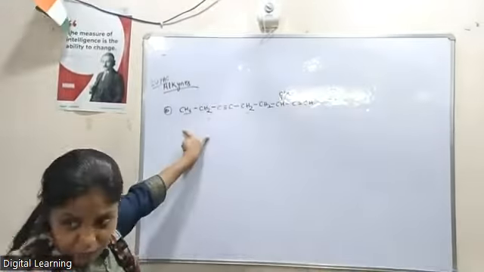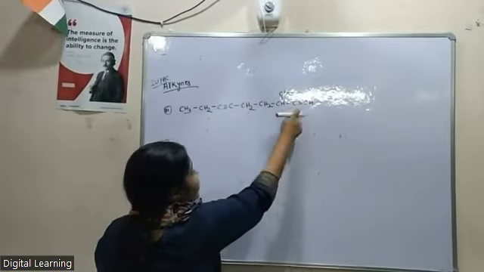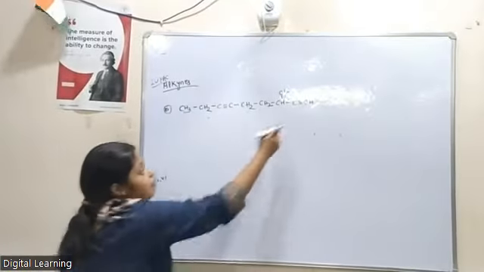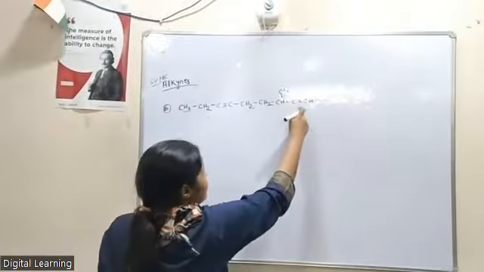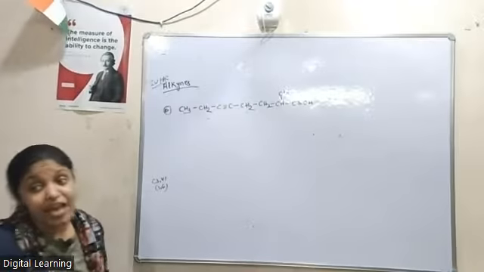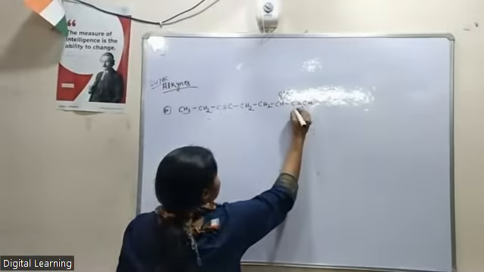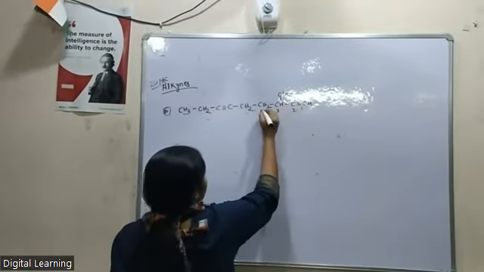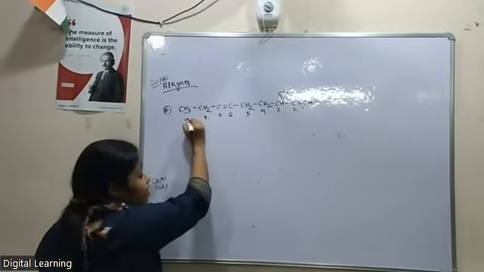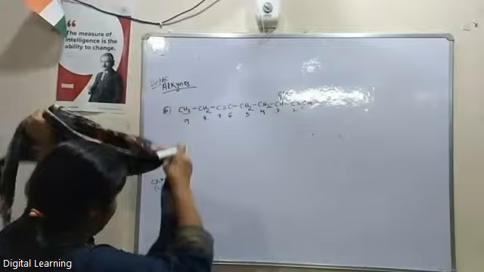If we count from this side, 1 2 3 4 5 6 7 8, the positions are 3,8. If we count from the other side, the positions are 1,6. So we number from this direction, 1 2 3 4 5 6 7 8 9. Clear?